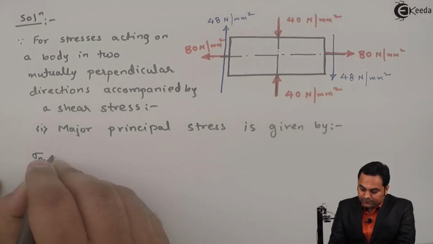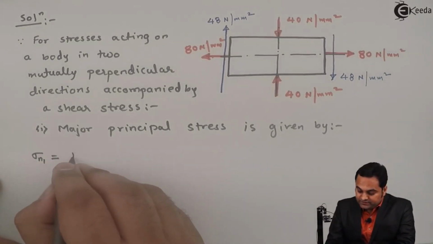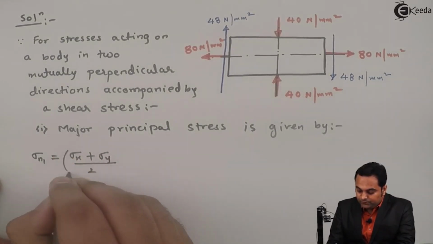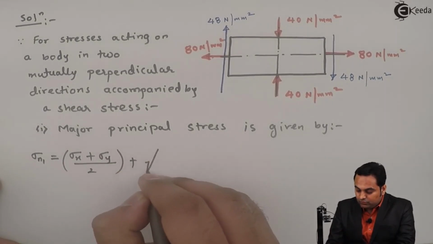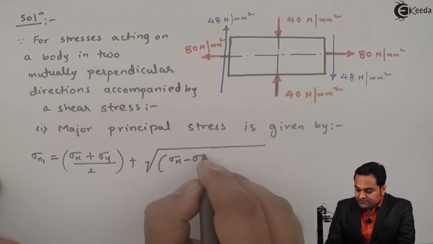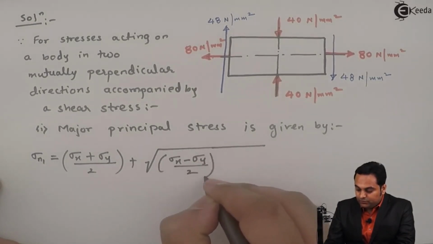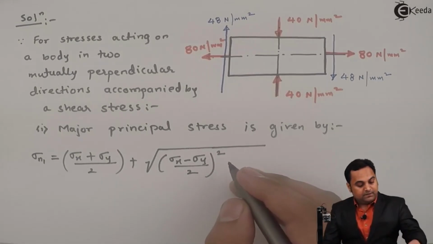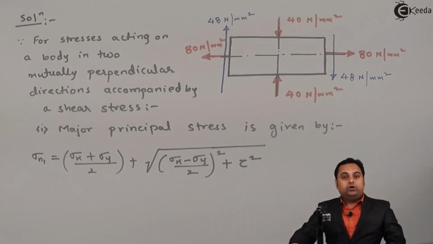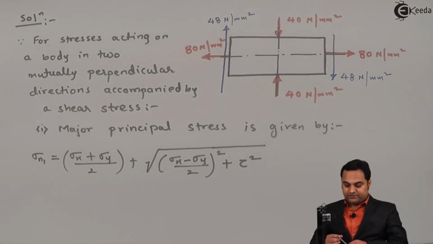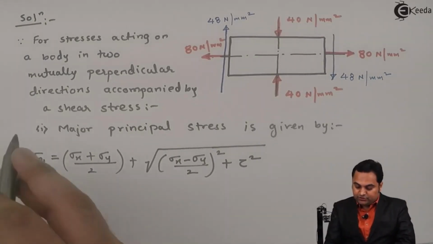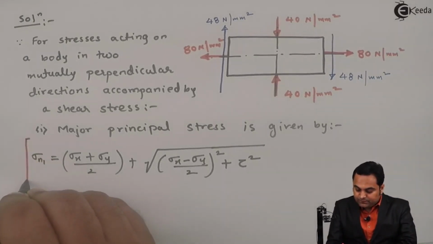sigma n1 is equal to sigma x plus sigma y by 2 plus root of sigma x minus sigma y by 2 whole square plus tau square. Now this is the formula to calculate the major principal stress, and this major principal stress would be used in the calculation of maximum shear stress.